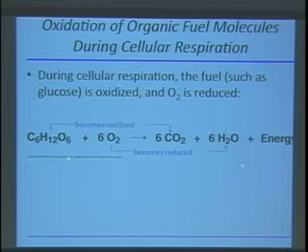But as you'll see, it's not a reaction that is occurring in one step, like is drawn right here, but is in fact broken down into a number of individual steps by enzymes in cells. And the reason for that is that it wouldn't be very useful to do this reaction all at once, because it would be very difficult for cells to actually harvest that energy in a productive way.